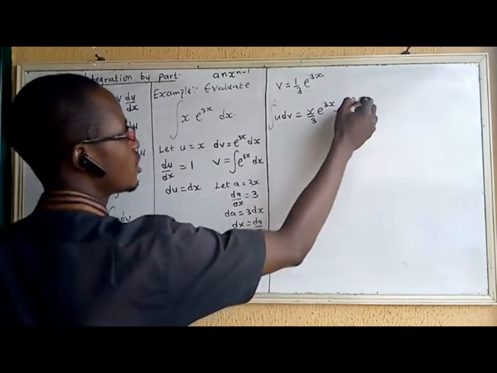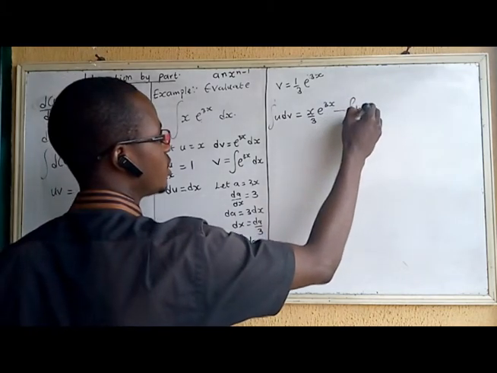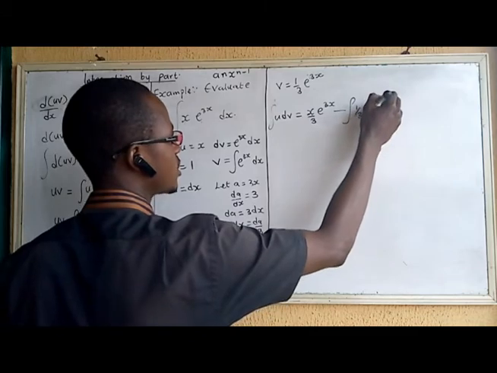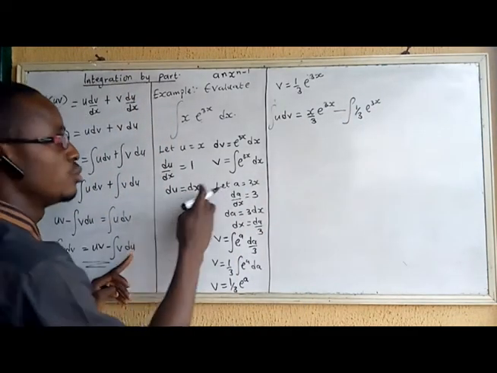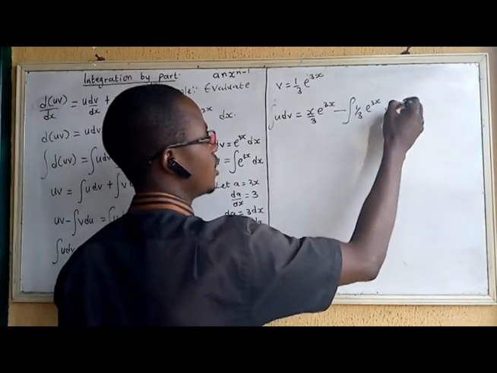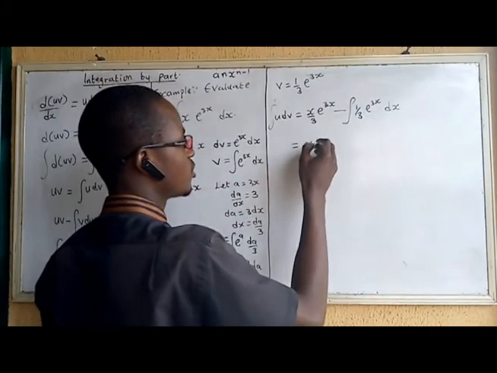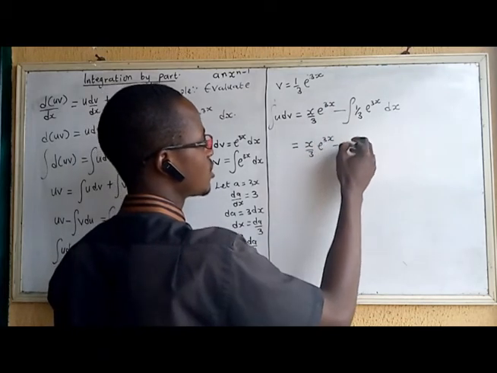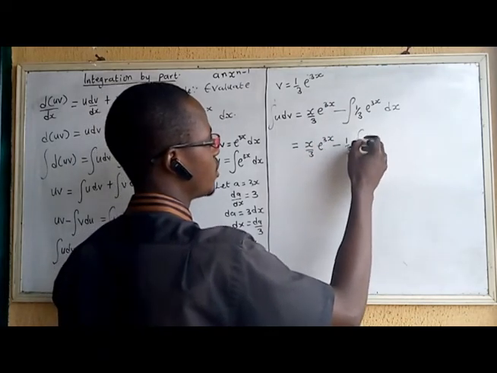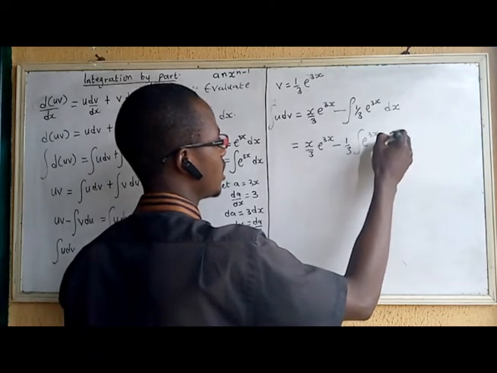Our v is 1 over 3 e raised to power 3x, and don't forget du is now equal to dx. So this is equal to x over 3 e raised to power 3x minus 1 over 3 times the integral of e raised to power 3x dx.